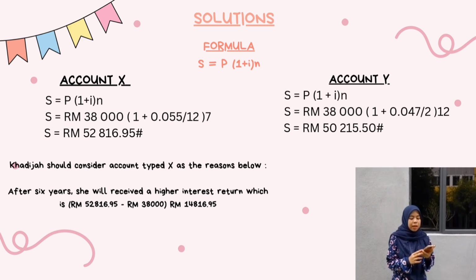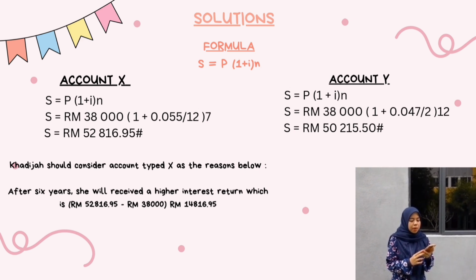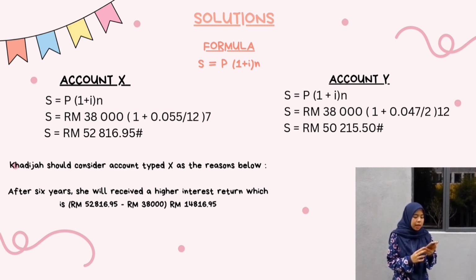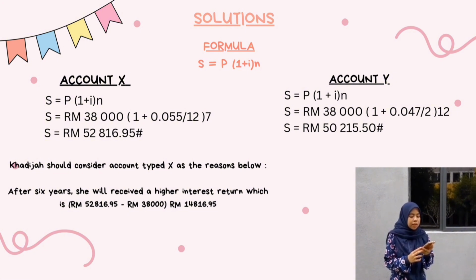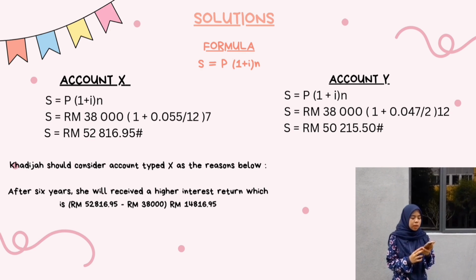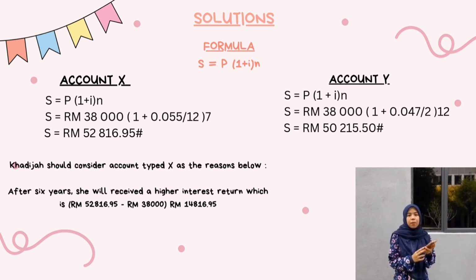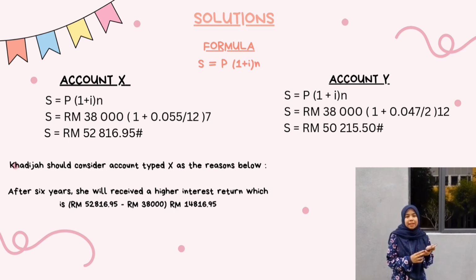So for the account Y, S equal to RM 3800 open bracket 1 plus 0.047 over 2 close bracket to the power of 12. The answer we got for account Y is S equal to RM 50215.50. So Khadijah should choose account X because she will get interest money of RM2516.95.